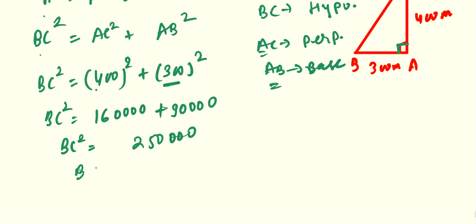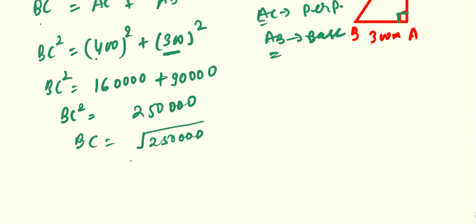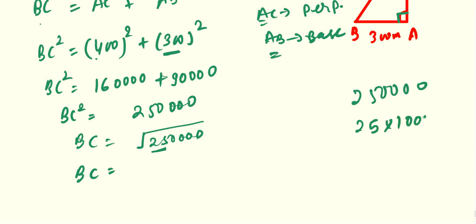Then BC equals to under root 2,50,000. Now you have to find square root of 2,50,000. So first is 25, and you can break 2,50,000 as 25 into 10,000.